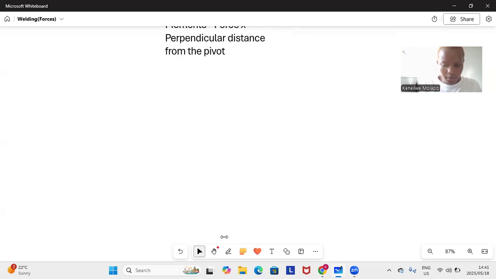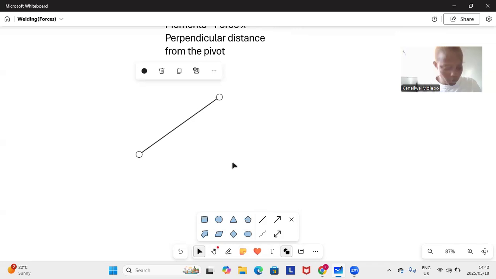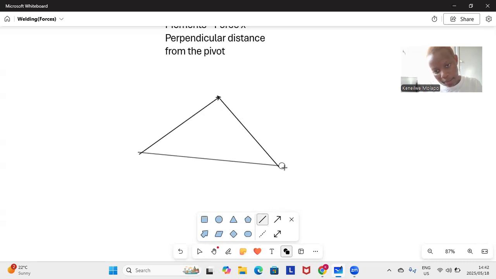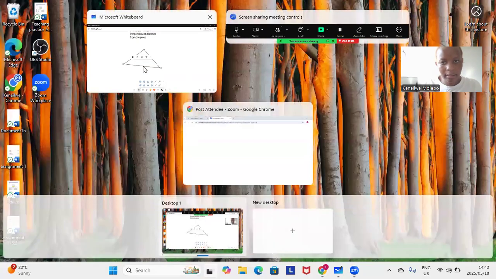So let me maybe make a triangle or something, okay? So here you have your first side going that side, then you have your other side going there, and another side here. My diagram is not straight.